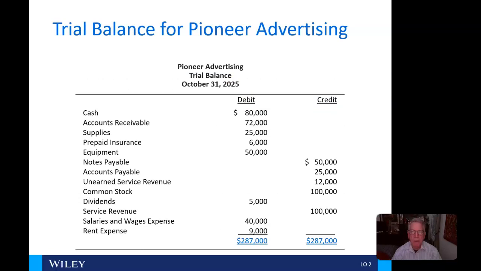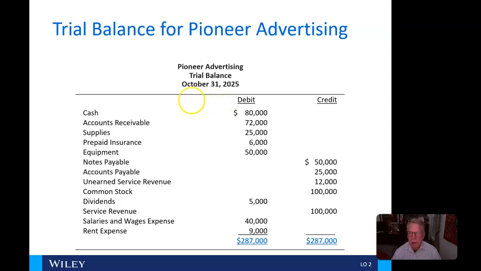So there we go. We got the trial balance for Pioneer Advertising, and it's pretty clear those are going to be those ending balance items from the general ledger. So you can see these are listed in general ledger account number order.